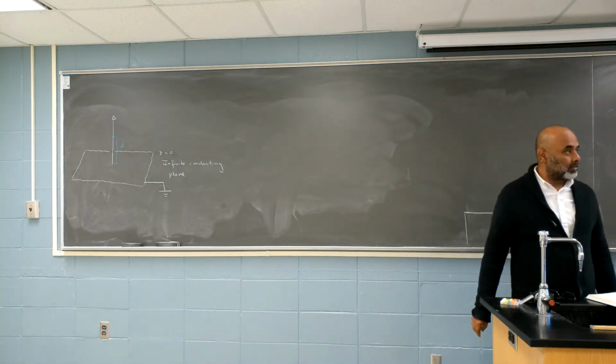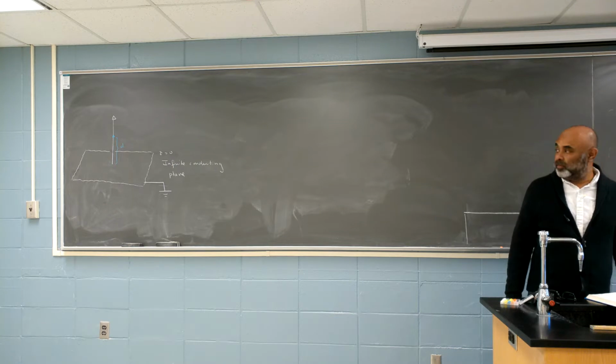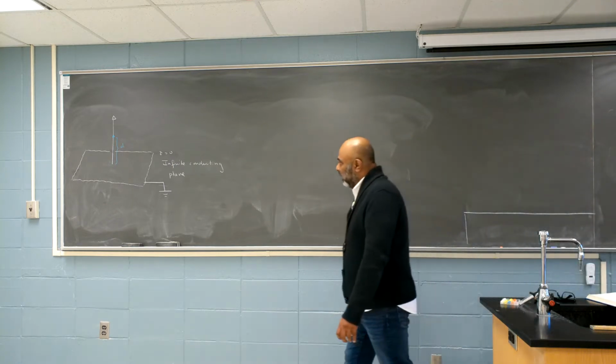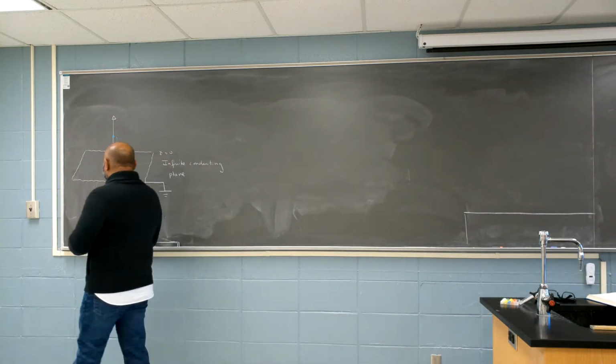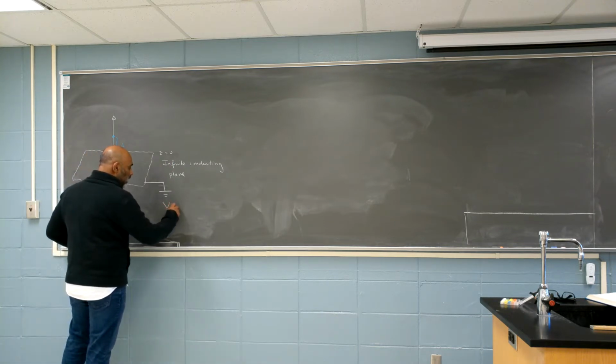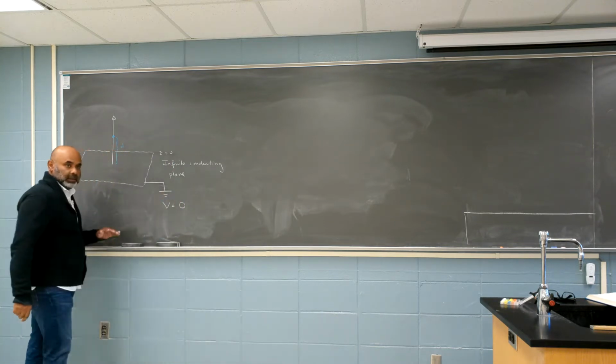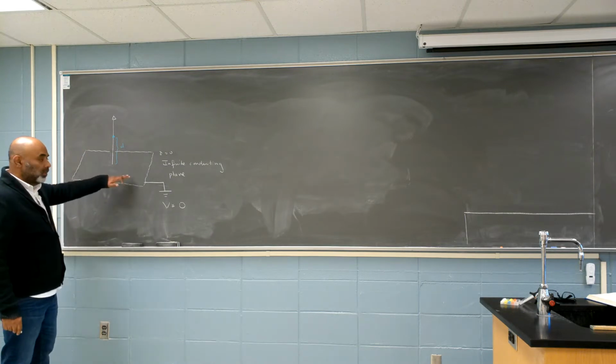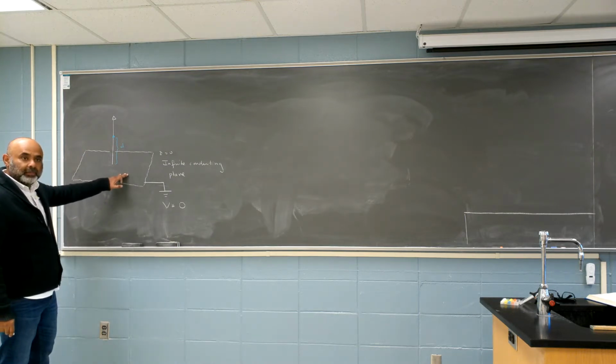Grounding it also means setting the potential to be equal to 0. We're going to set the potential here to be 0 and measure the potential relative to this everywhere.